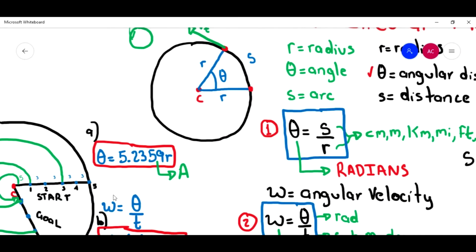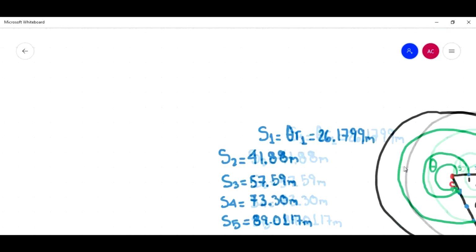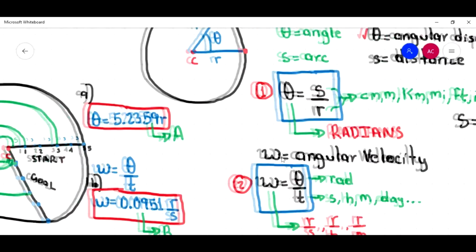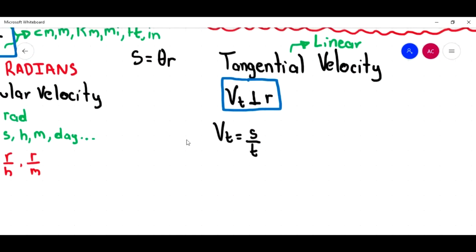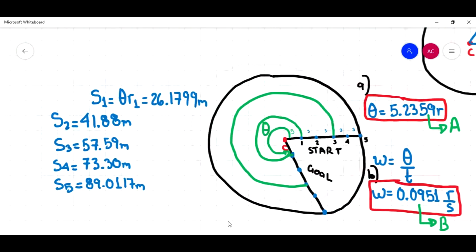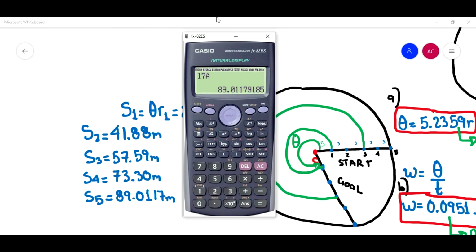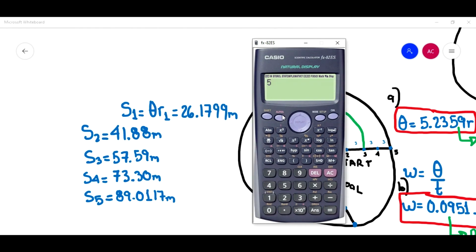This distance over here, that distance. If we divide, for example, this distance, 26.1799, that's that distance, 26.1799 over 55, that is the time.